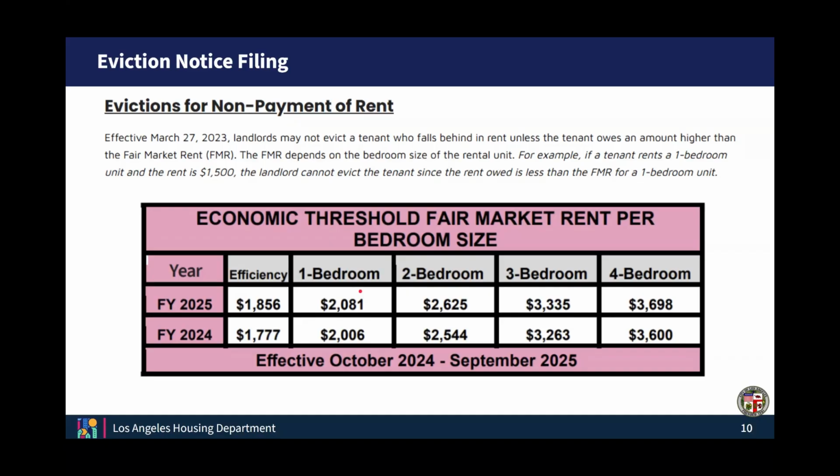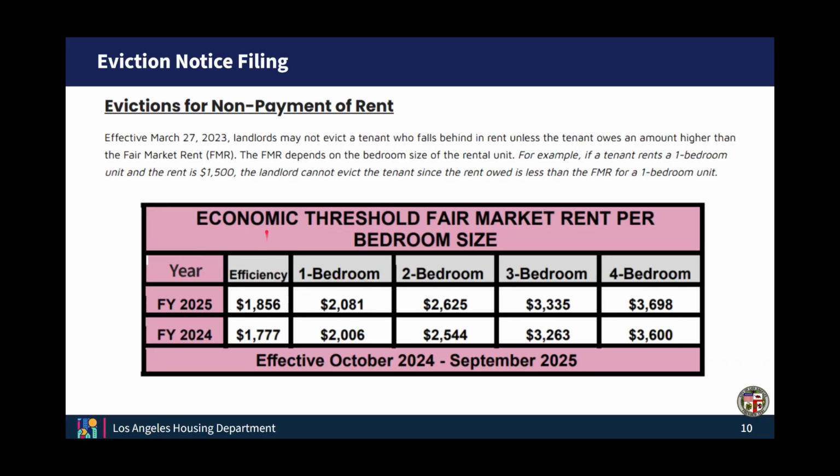So for example, if the tenant's unit is a 1-bedroom unit right here, and the tenant owes $2,000, the owner cannot terminate the tenancy because 2,000 is less than 2,081. Now, if the tenant owed $3,000, then the owner could pursue a termination of tenancy for non-payment of rent, since $3,000 is more than 2,081.